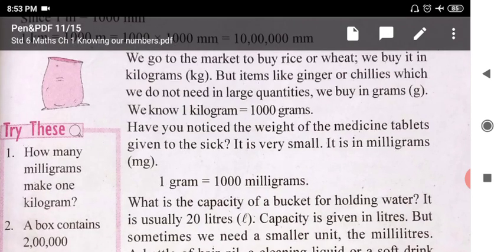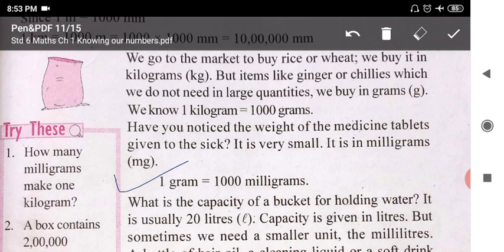Next thing to remember: for measuring very tiny things, like medicine tablets, we use milligrams, because gram is too big.